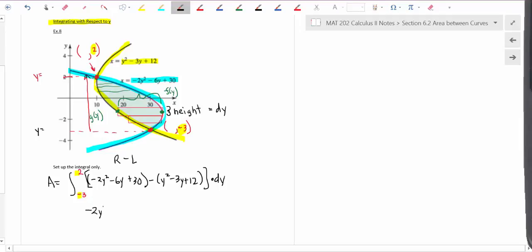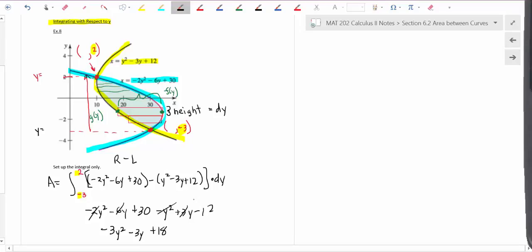We've got negative 2y squared minus 6y plus 30 minus y squared plus 3y minus 12. Putting the like terms together, we're going to have negative 3y squared minus 3y plus 18. That's the function we're going to be integrating.